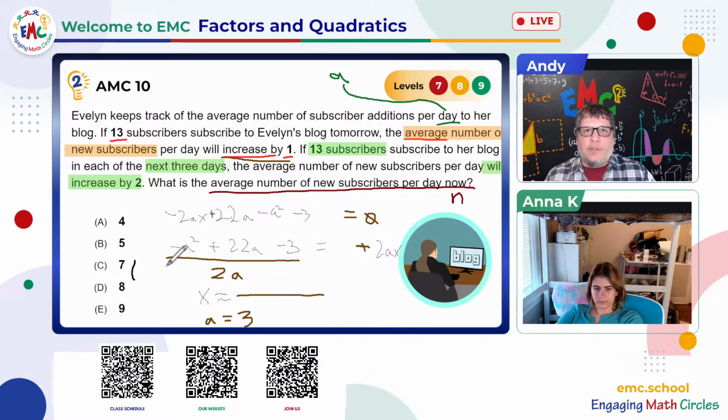So what does x have to be? If a is 3, then putting that in here, it is negative 9 plus 66 minus 3 over 6.